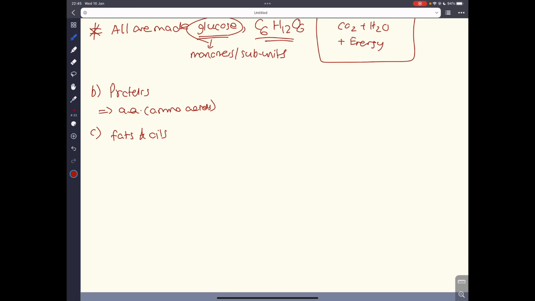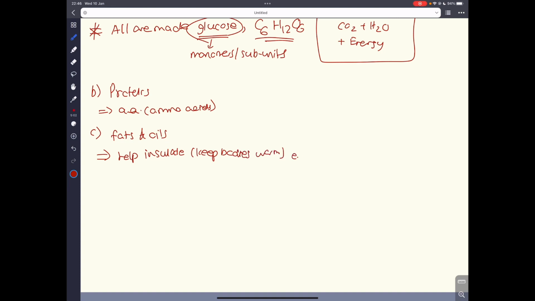Fats and oils are very essential for human beings as well. How are they essential? Well, we know that fats help us insulate. These layers of fat help different types of organisms survive the cold, harsh winter. They help insulate, so they keep our body warm.